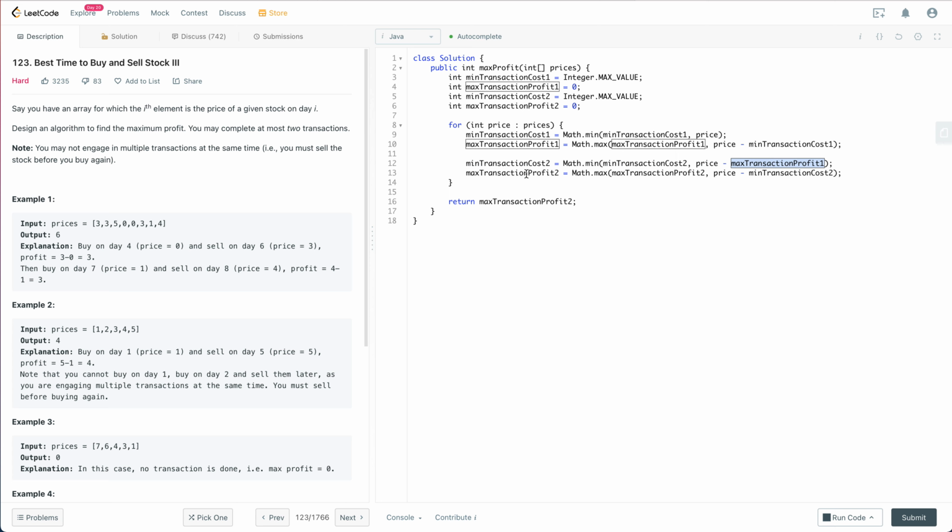Then we compute the maximum transaction profit for the second transaction in a similar way as the first transaction. Finally, we just need to return max transaction profit 2 because that's the profit we get from the two transactions together. The runtime is O of n, where n is the length of the prices input array.